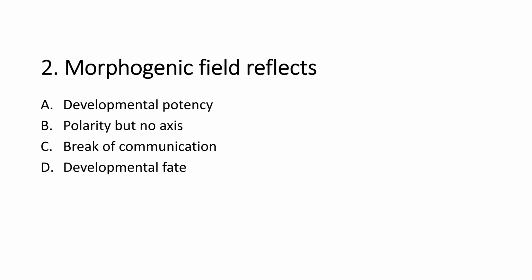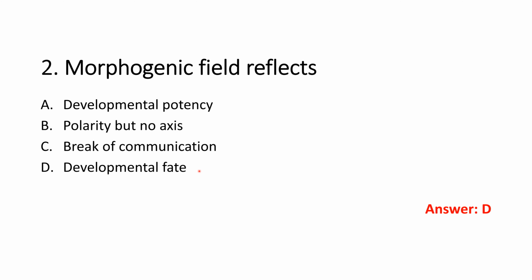Next question: morphogenetic field reflects. Option A, developmental potency; option B, polarity but no axis; option C, break of communication; option D, developmental fate. Answer is D. So morphogenetic field reflects developmental fate.